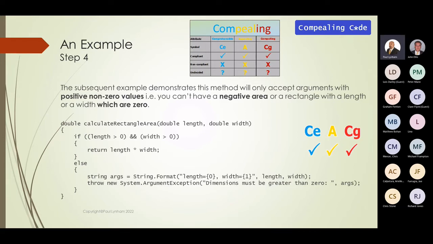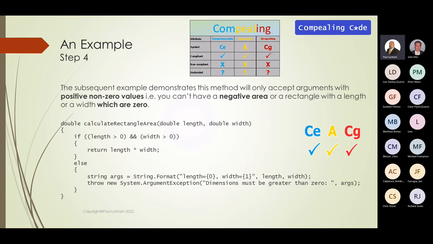Now, in this case, it's been fine-tuned to an argument exception, because depending on what language and what libraries you're using, you can actually fine-tune the exception to a type of exception. So rather than a generic exception, we've thrown an argument exception, because one or both of the arguments have not complied with our idea of what the constraints are. It'll throw an exception saying dimensions must be greater than 0, and then print out the dimensions that were passed. So we've got an idea of what went wrong.